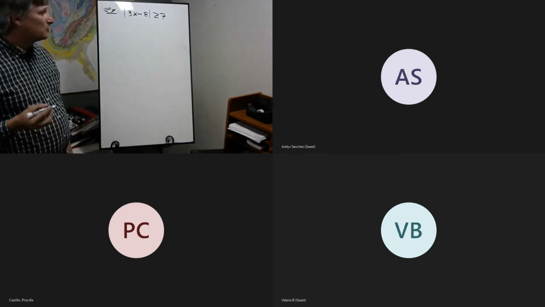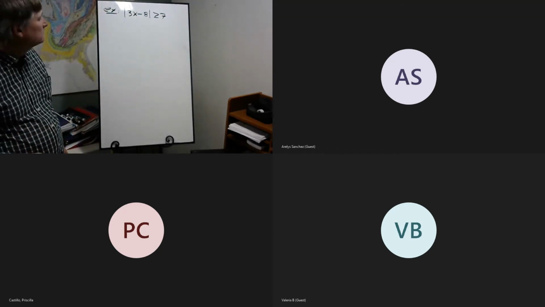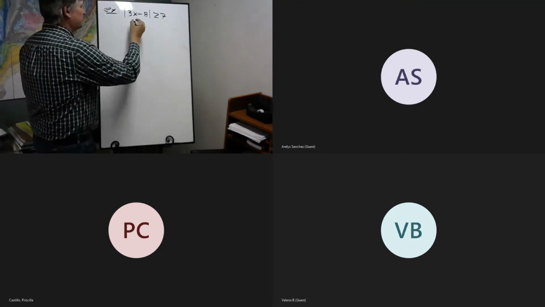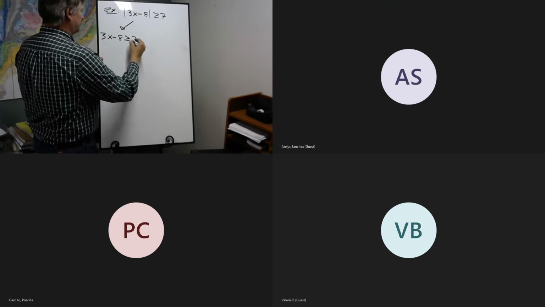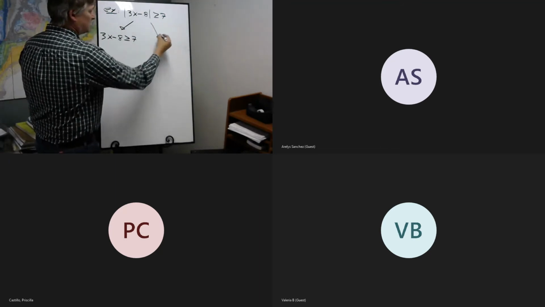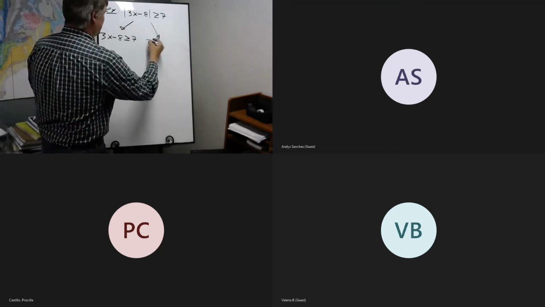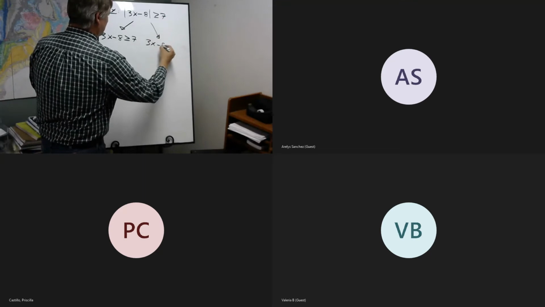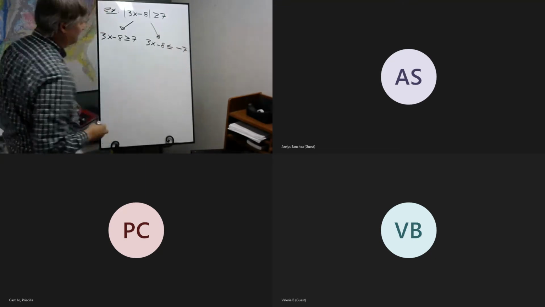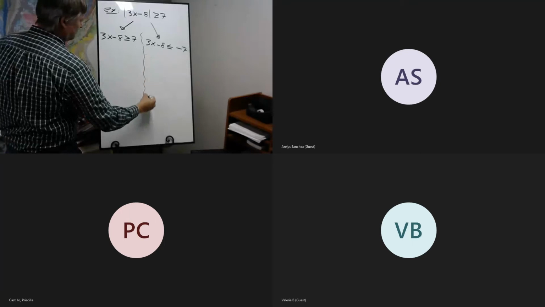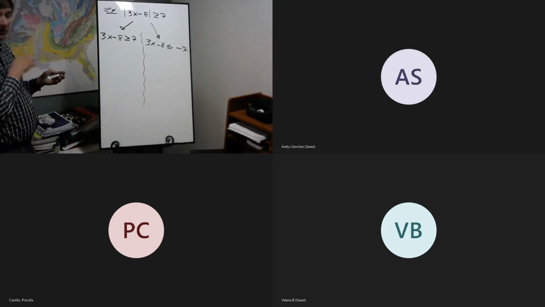3x minus 8 greater than or equal to 7. Well, we'll have two versions. A positive version, and then, sort of like before, a negative version. So this time, we have an inequality that we flip around. So solve for x.